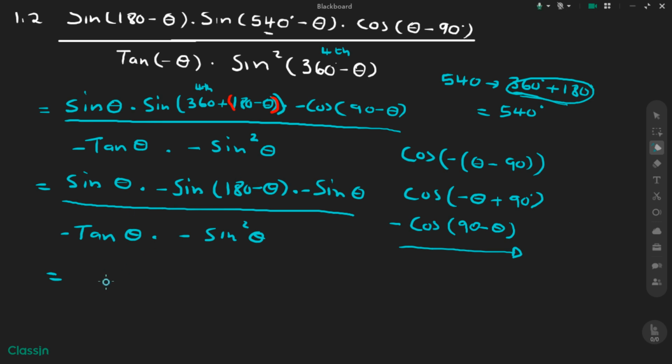Now, what do we have here? Negative multiplied by negative is positive. Sine multiplied by sine is sine squared.